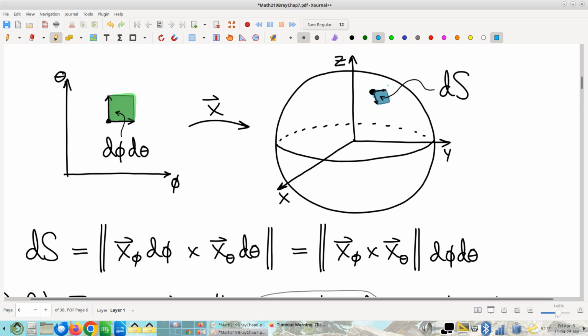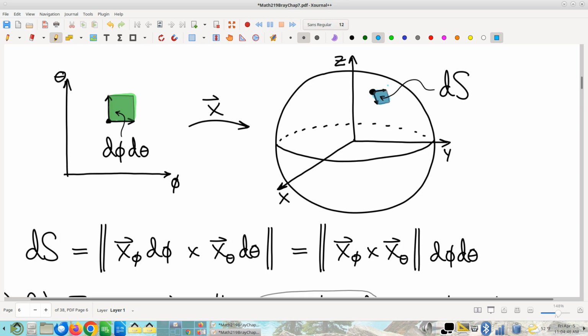What's going on here? When you have a bad domain where you want to do some business, you pull back through the parameterization. We're going to be rewriting stuff involving the sphere by pulling back, in terms of stuff involving just phi and theta, happening in the phi theta plane.